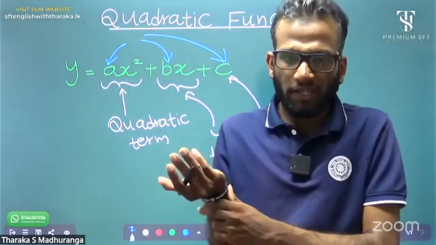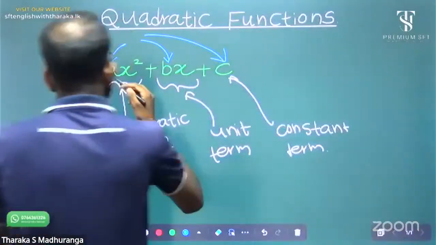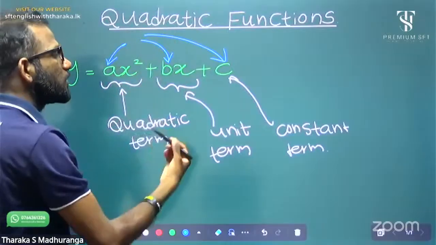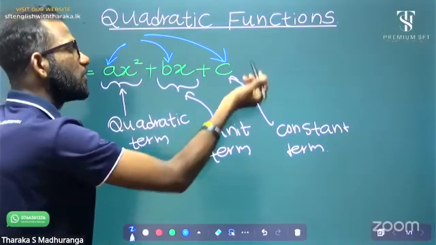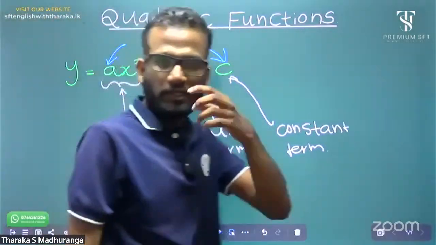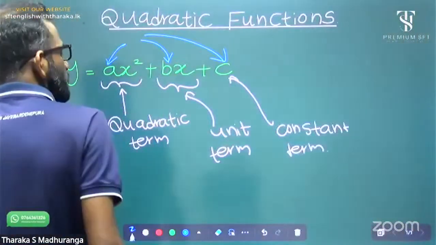The a we call the quadratic coefficient or quadratic constant. The b we call the unit constant or unit coefficient. The c we call the constant coefficient. Okay, this part we discussed.